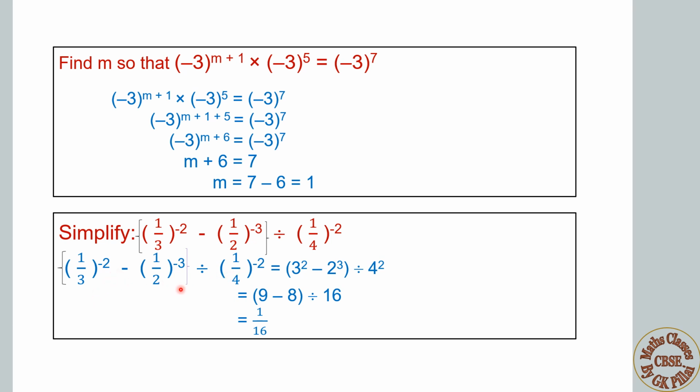And this will be 2 raised to the power of 3 within bracket divided by 4 to the power of 2. This is 9 minus 8. You cannot apply laws of exponents here, here also and here also. Now it will be 9 minus 8 divided by 16. That will be 1 by 16.